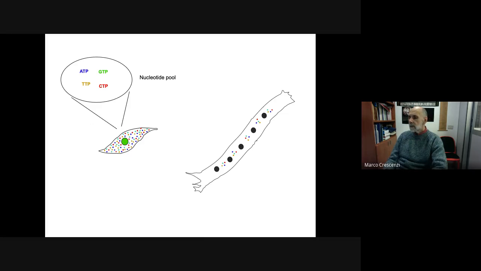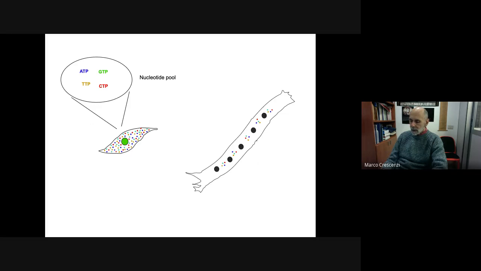So non-proliferating or non-S phase cells have a small nucleotide pool. We thought that myotubes perhaps were unable to expand the pool, or they were not able to do it in time to follow DNA replication. That might prevent DNA replication from completing.